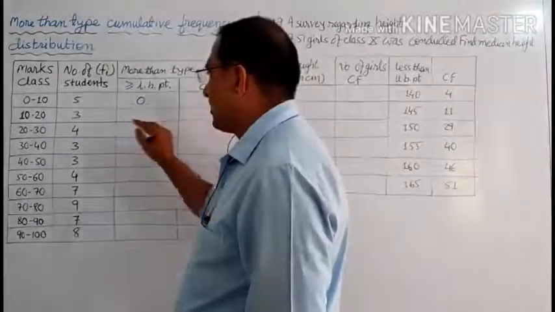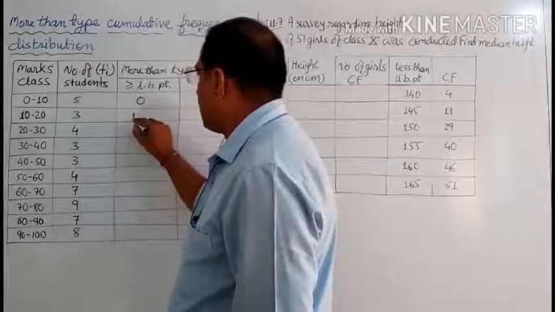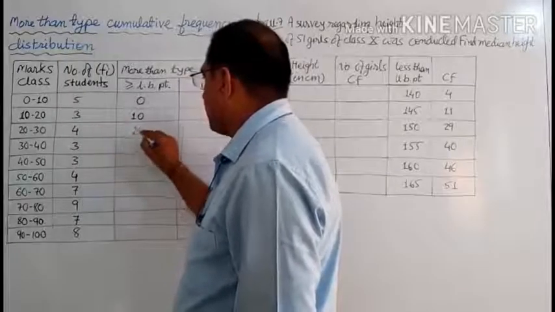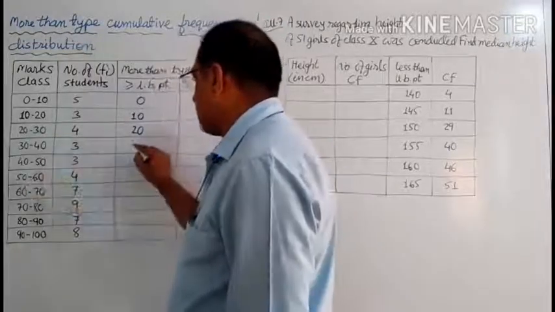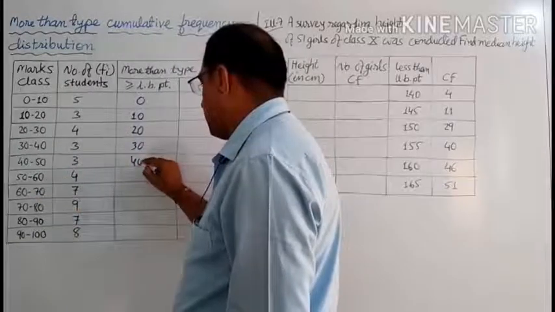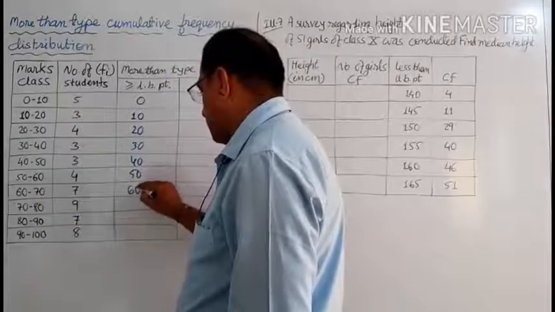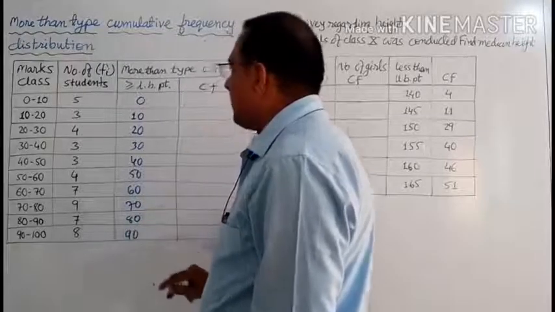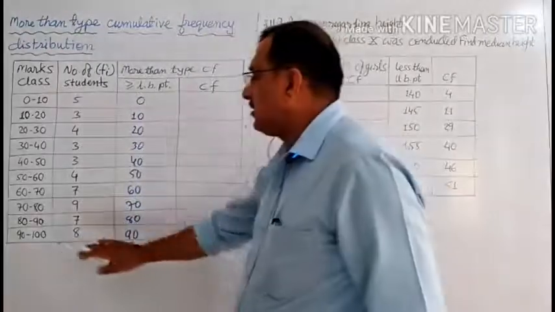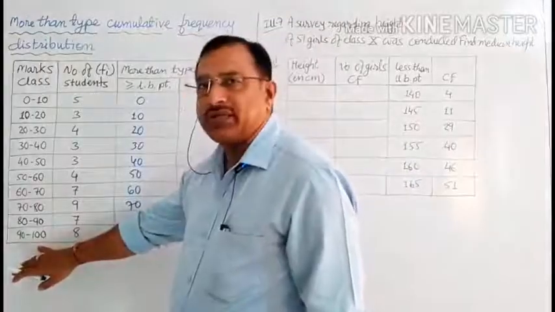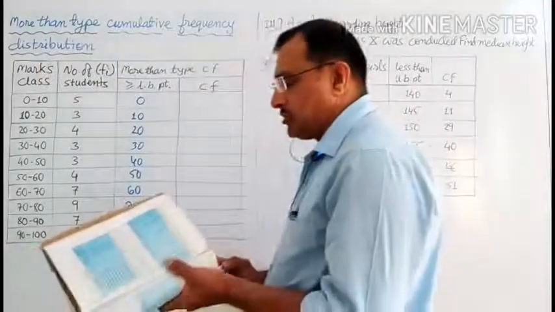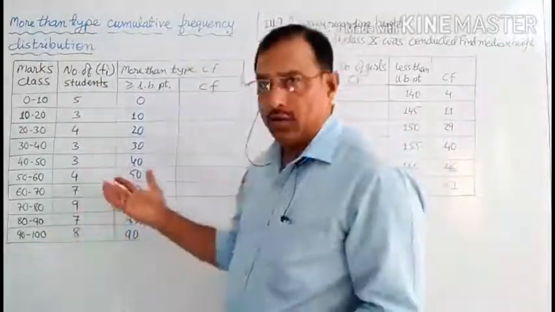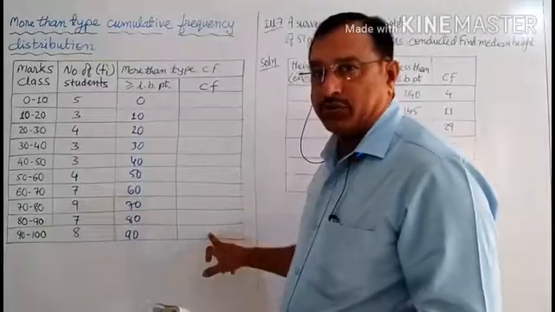How many students are there? Then greater than or equal to 10, greater than or equal to 20, the lower boundary points, greater than or equal to 30, 40, 50, 60, 70, 80 and 90. In less than type, what was that? Less than the upper boundary point means less than 100. So how many students scored marks less than 100? All. So we used to get the total number of students there.